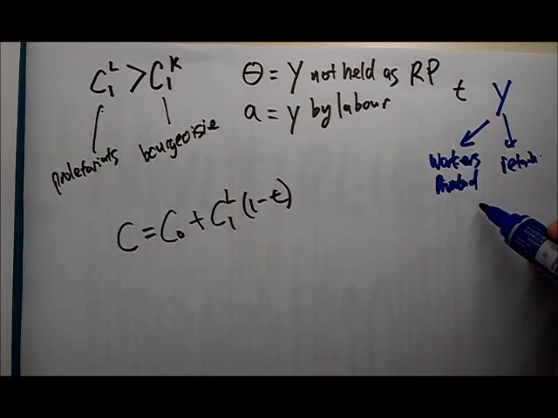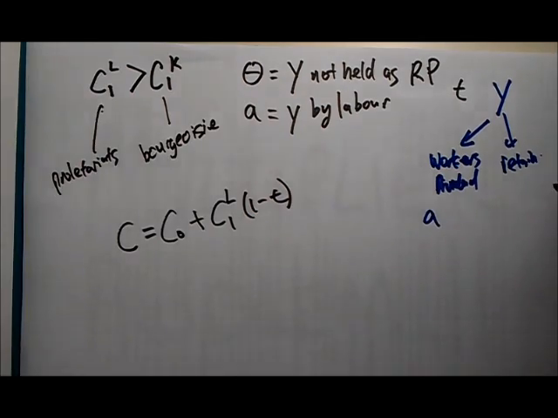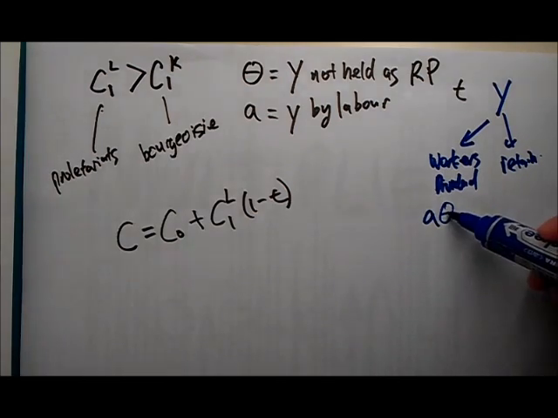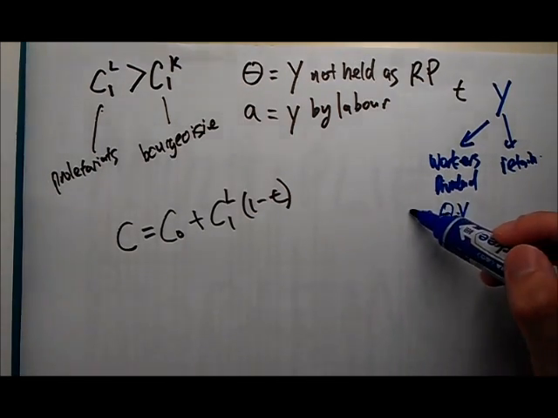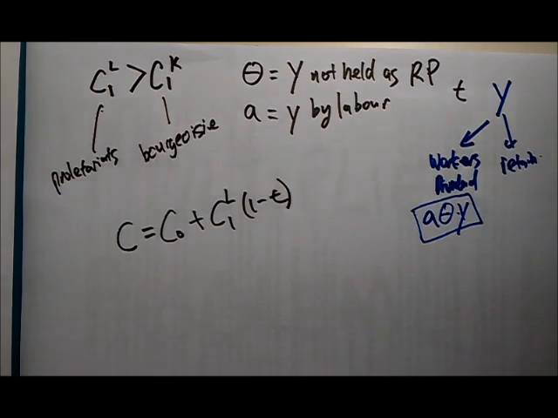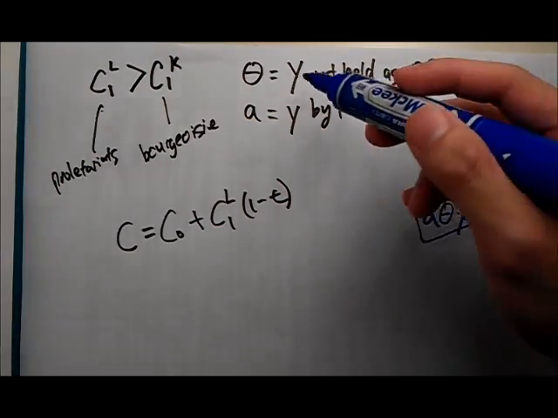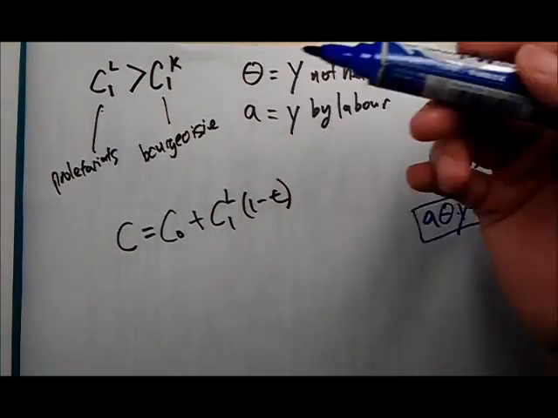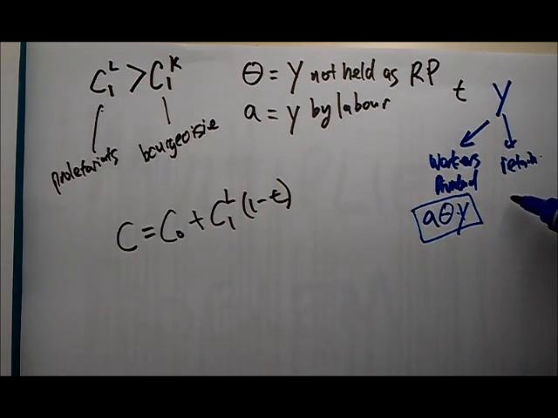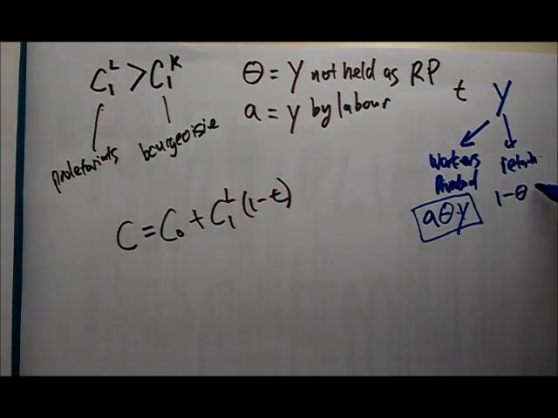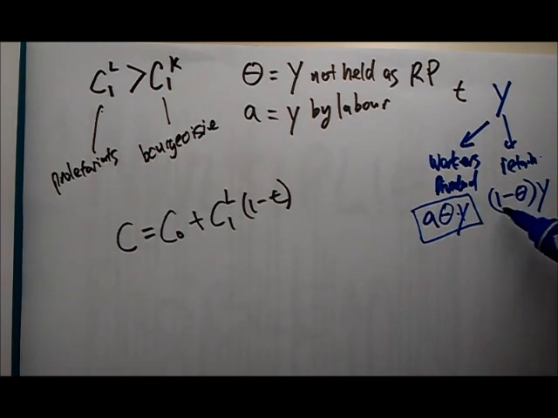So the portion earned by the laborers is alpha, and not held as retained profits is theta. We multiply that by Y to get the total earnings for the labor class. As for the retained profits, they're the remainder of theta, so 1 minus theta multiplied by Y.